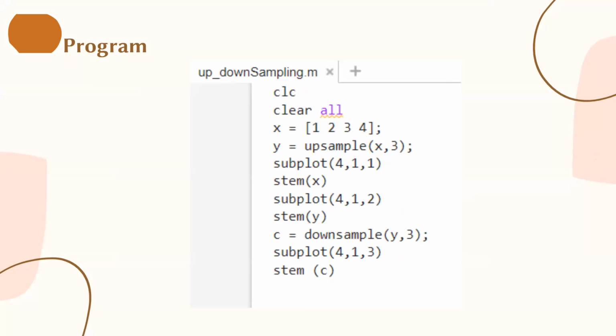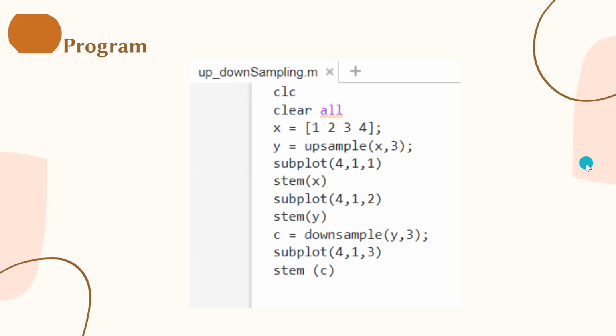If the factor is 3, then the zeros added between the signal terms will be 3 minus 1, that is 2 zeros. Then similarly, C is equal to downsample Y, 3, which shows that the signal that we got at Y using upsample will be downsampled, and hence we get the original signal.